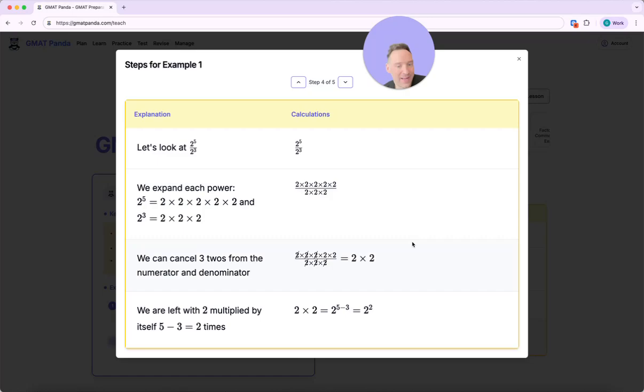So another way of thinking about that is 2 to the power 5 divided by 2 to the power 3 is equal to 2 times 2, or 2 to the power of 2. But we can also see that what we're doing is subtracting the exponents. This power 3 at the bottom effectively becomes a negative 3 when brought back to the top. And therefore we subtract one from the other to get 2.